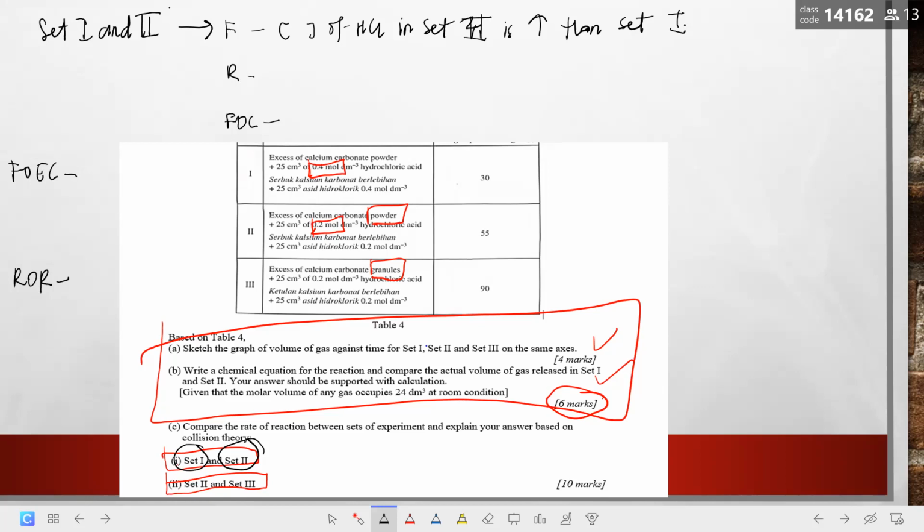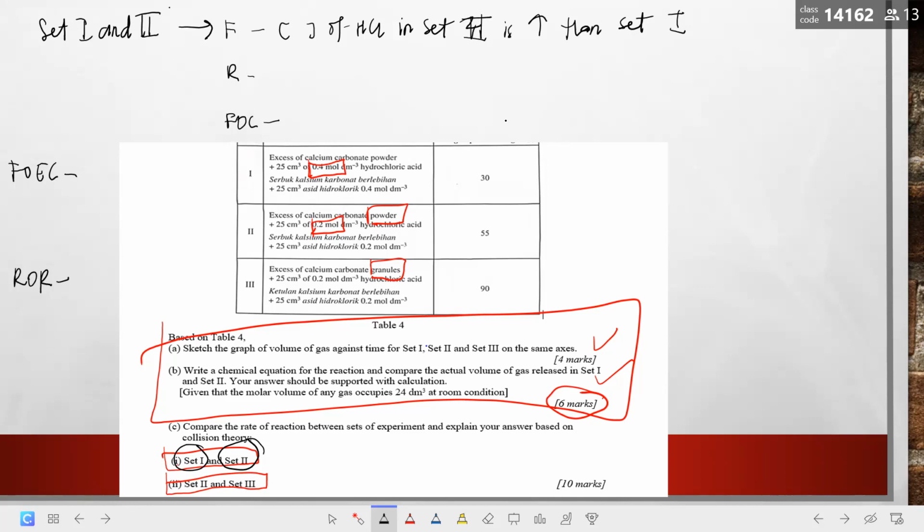Kishman. Okay, Kishman answer? Actually, for the reasoning, right? The higher the concentration of a solution, the more particles per unit volume increases.